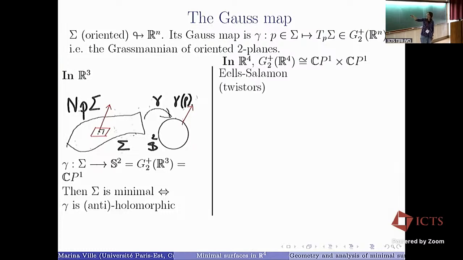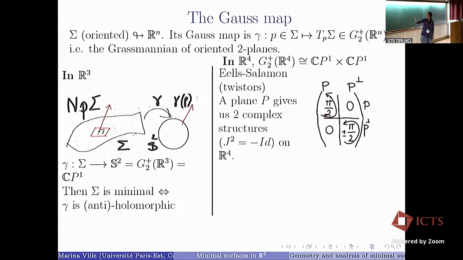So this is the twistor approach of Ilse-Salomon. We take a plane P in R4, and we write this matrix. We split R4 into P and P orthogonal. And then in each, we have a rotation of angle pi over 2.